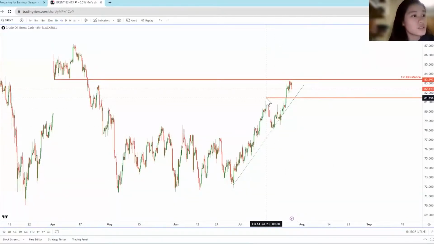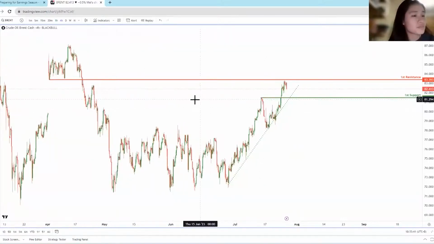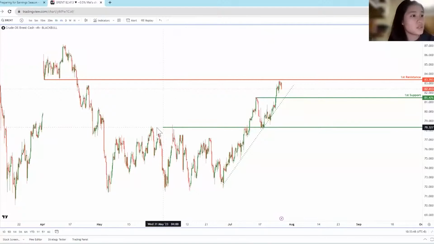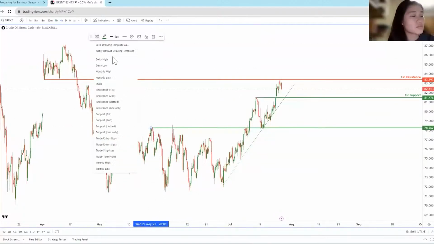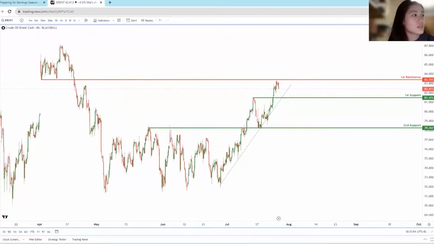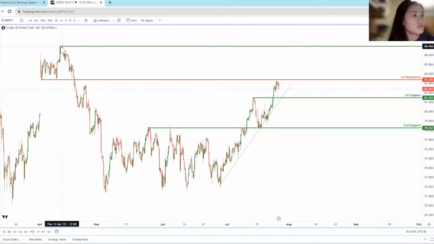And then first support level will be over here. Second support maybe here. And second resistance here.